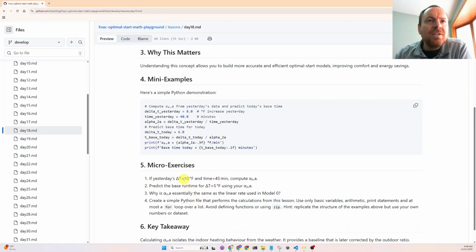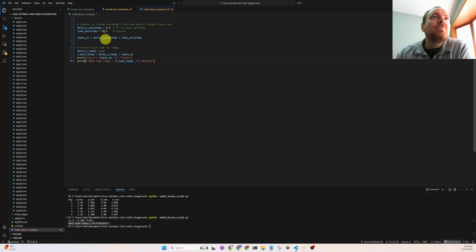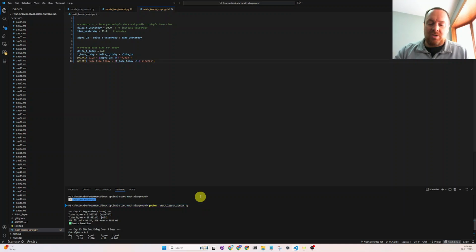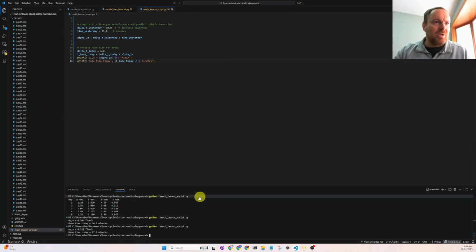Okay, if yesterday's was 10 degrees in time, compute alpha A. What is it? 10 and 45. So this is the same thing we did in the Model 0 tutorials. If you want to reference that, that's a pretty similar topic. So pretty basic stuff.